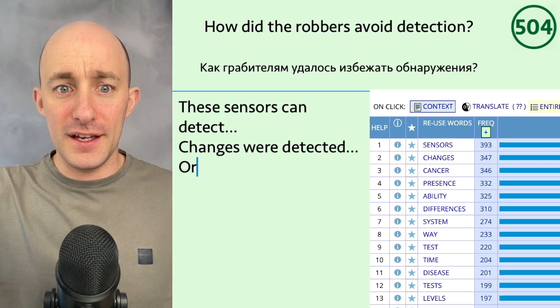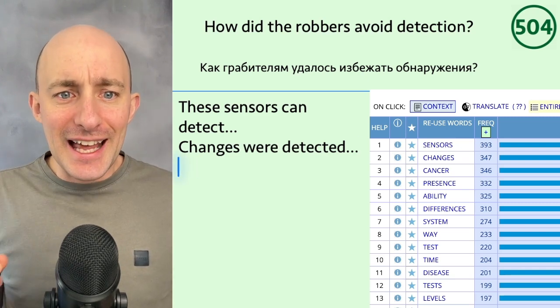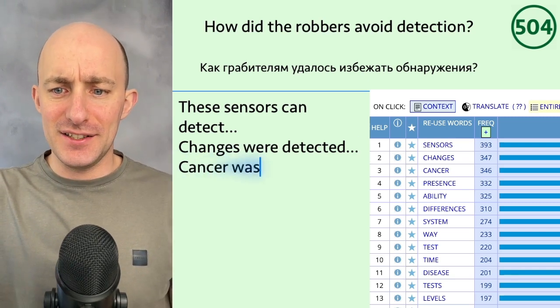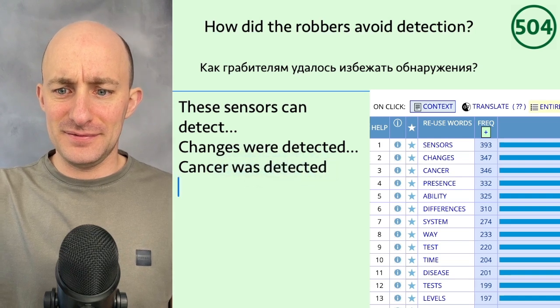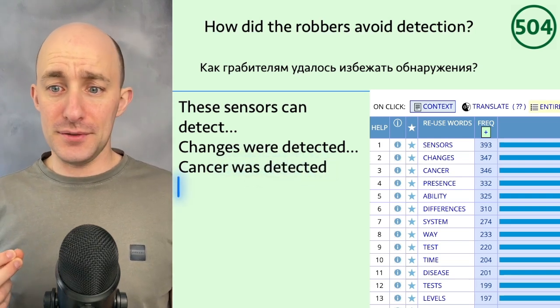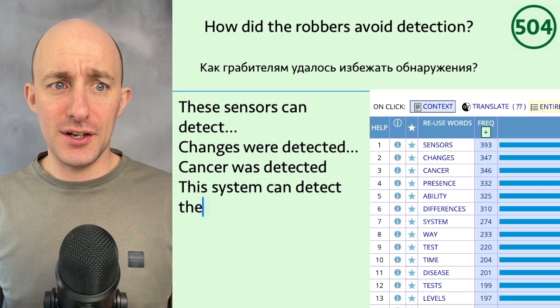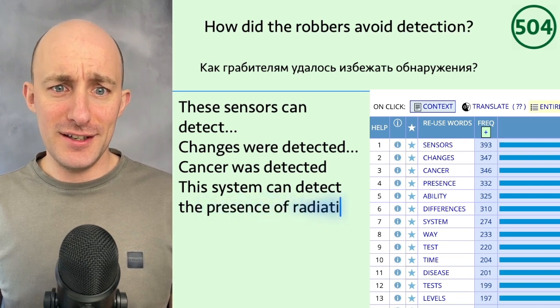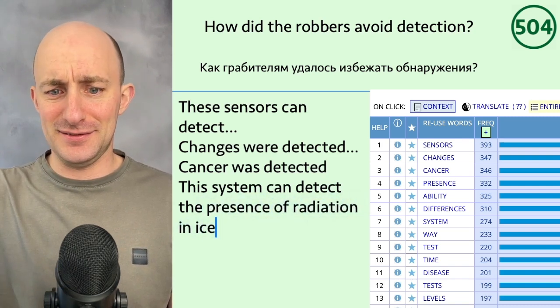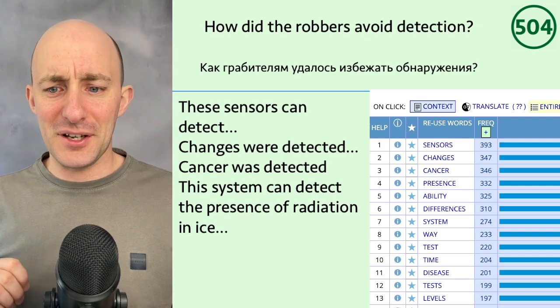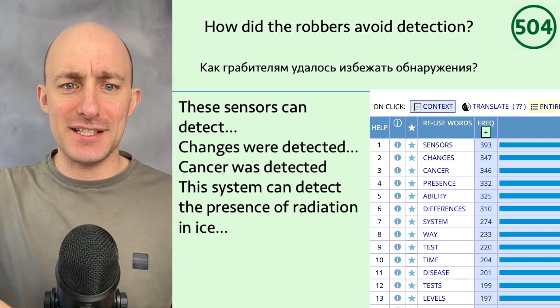Or cancer was detected. This system can detect the presence of radiation in ice. Something like that. So detect, detection.